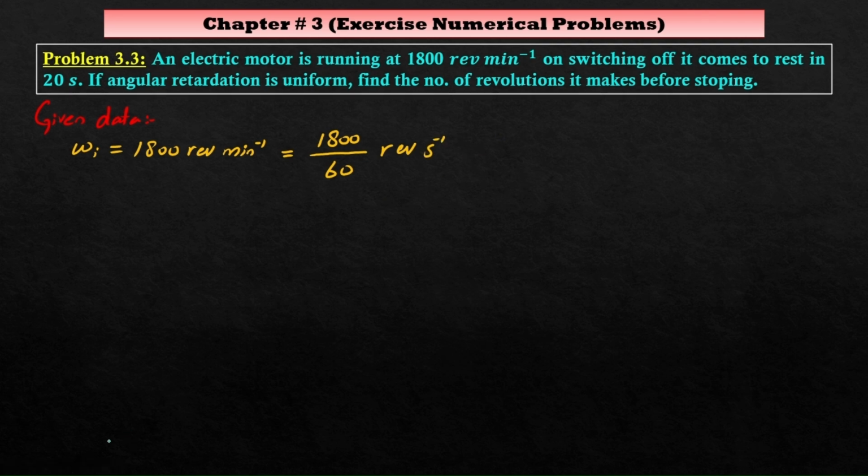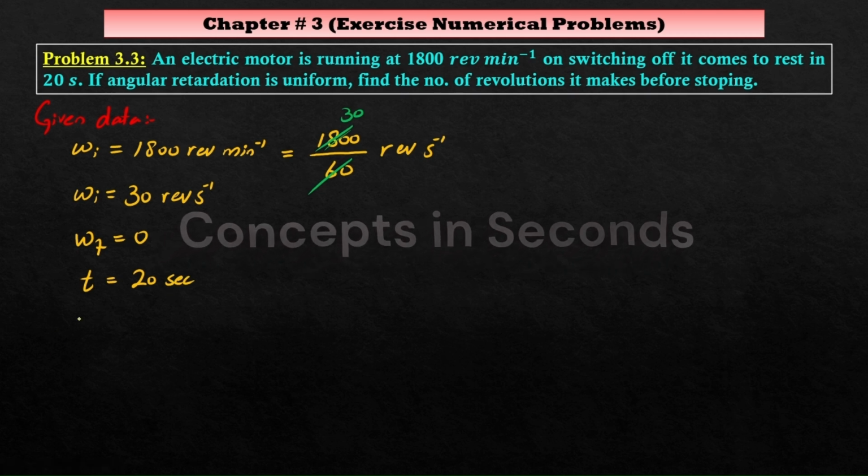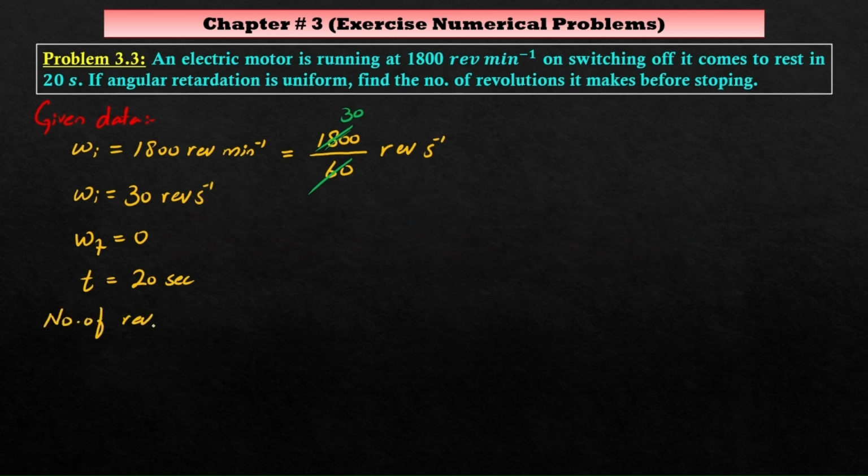So omega i is equal to 30 revolution per second. Further, it comes to rest. So omega f is equal to 0 and time is 20 seconds. We have to find the number of revolution it makes before stopping. So theta is equal to question mark.